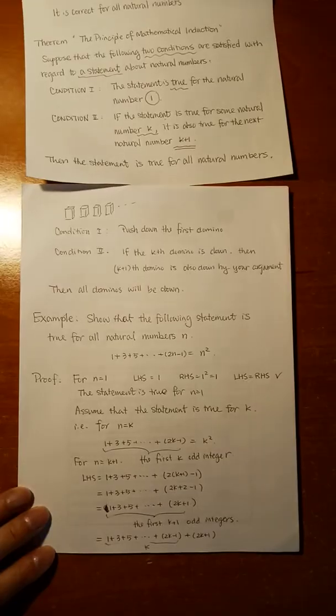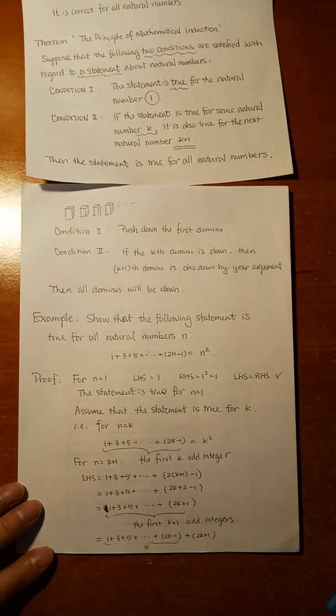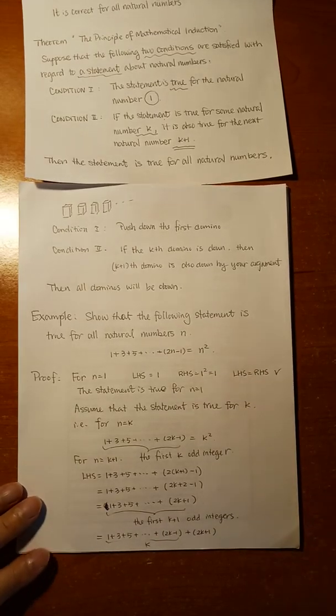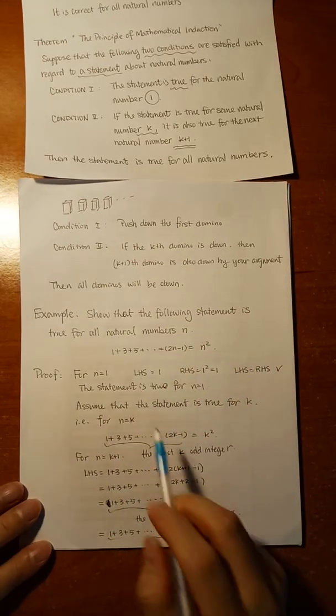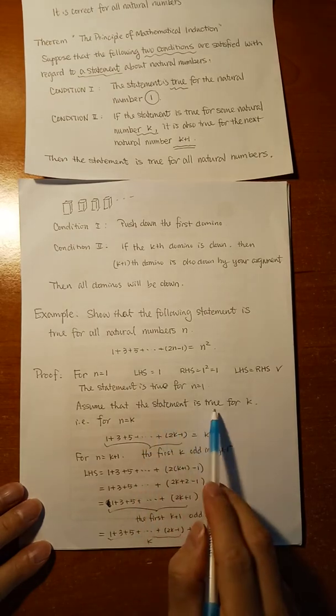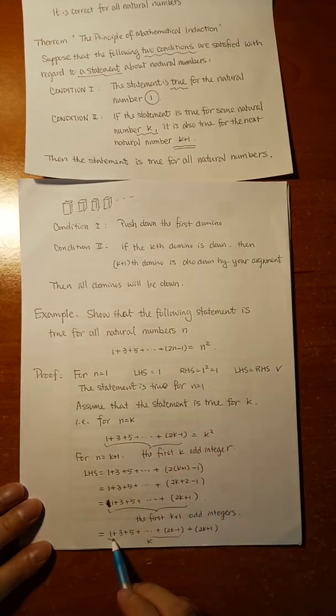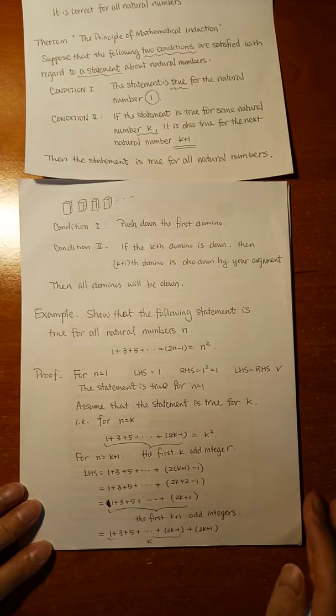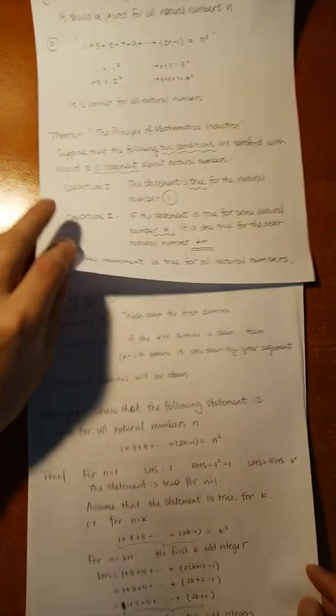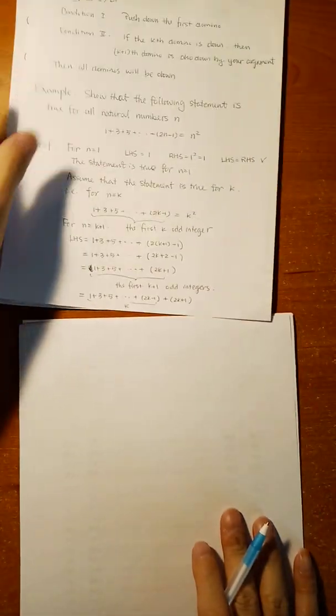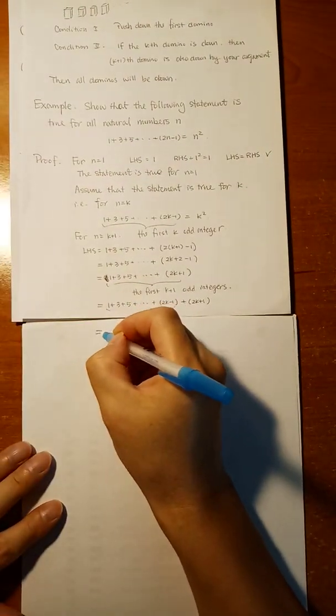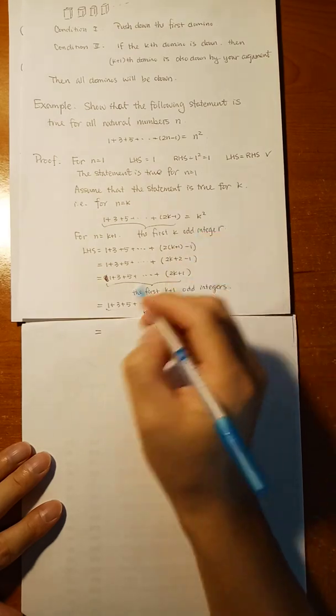Okay, I hope you can read it clearly. So by the hypothesis, we assume that the statement is true for k. So it means 1 plus 3 plus 5 plus up to 2k minus 1, by our hypothesis, is equal to k squared.